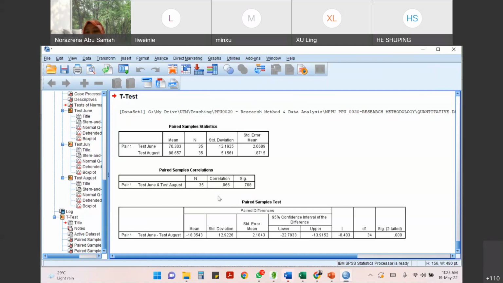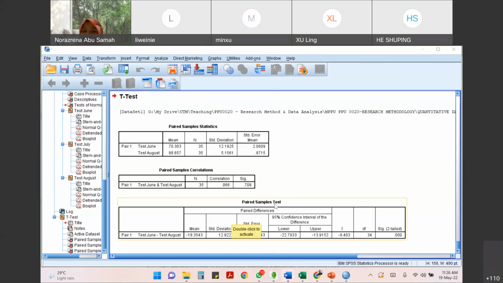If it is approaching 0, it means it has weak correlation, and 0.5 is in the middle, so it's just medium correlation. So understand, this one is a very weak correlation because it's 0.06. It's even less than 0.1 here. So very weak.